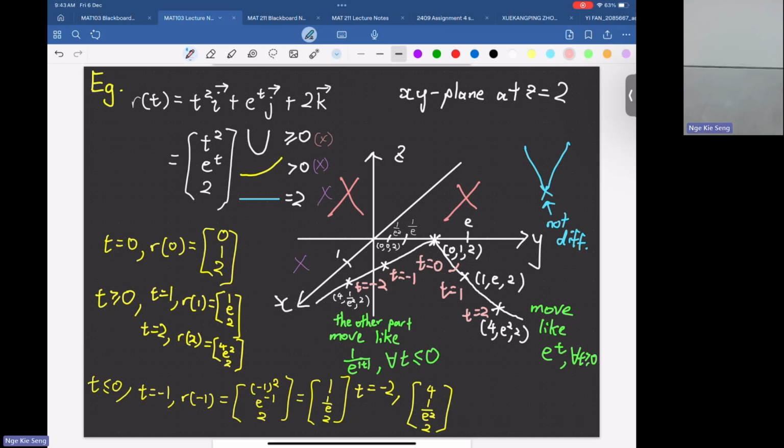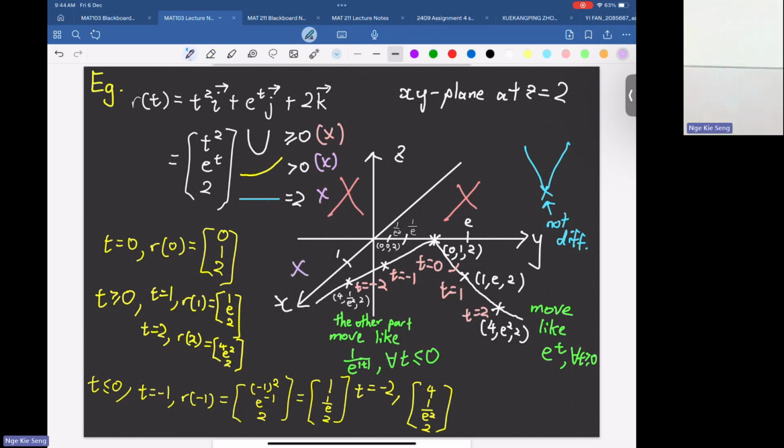Okay, so you can see that I put a lot of crosses here and there. You know why I put a cross there? Maybe I change the color, you cannot see it carefully.